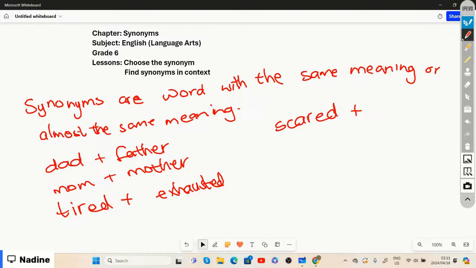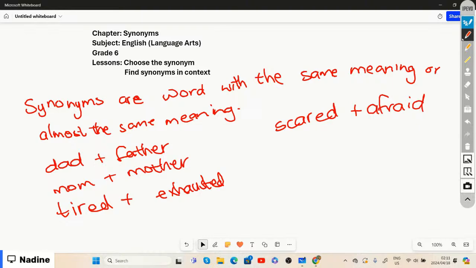All right. So the word that is the same or almost the same as scared is afraid. So it's either I'm scared of the dog or I'm afraid of the dog. That is called synonyms, because synonyms are words with the same meaning, or words with almost the same meaning.